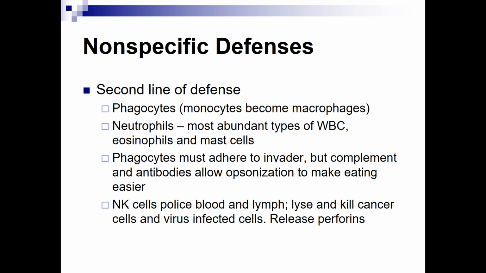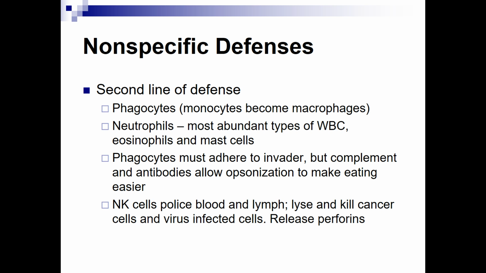Okay, now in order for a phagocyte to engulf its prey, so to speak, it must adhere to the invader. And some invaders have mechanisms, they have slime layers, they have coats on the outside, capsules on the outside that make it so that the phagocyte cannot adhere. However, we have two mechanisms in our body. We have something called complement, which we'll talk about later, and antibodies.